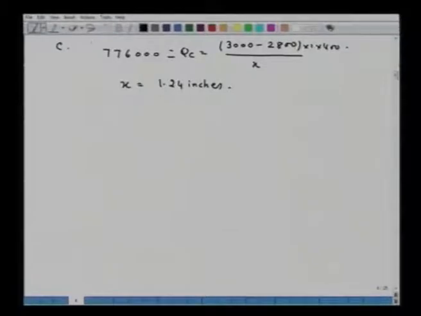Now, let us extend this particular problem to another situation.